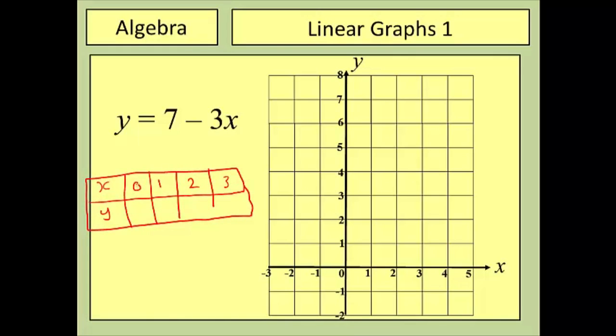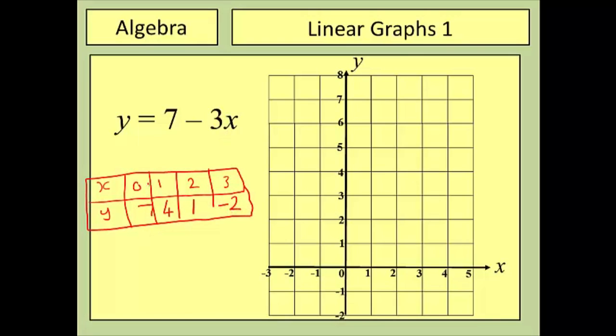So, when x equals 0, 7 take away 3 lots of nothing equals 7. When x is 1, 7 take away 3 lots of 1 is 4. When x is 2, 7 take away 3 lots of 2 is 1. And when x is 3, 7 take away 3 lots of 3 is negative 2.